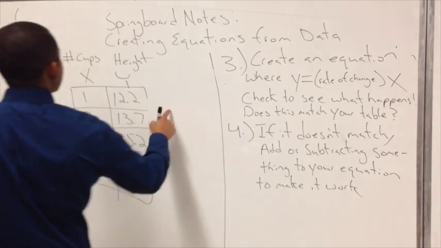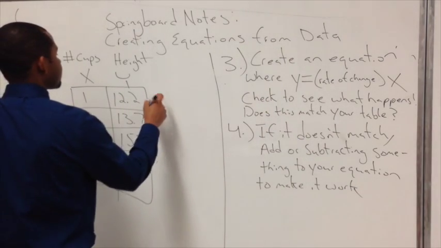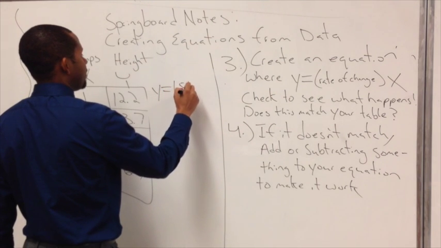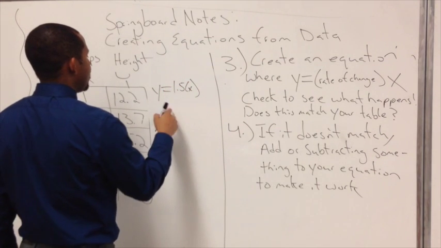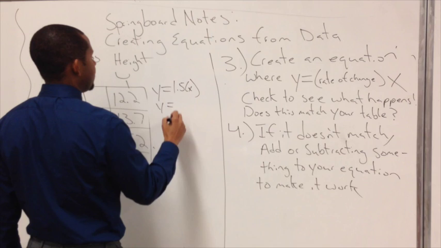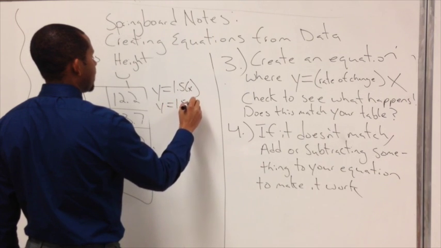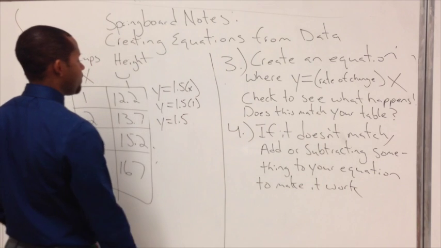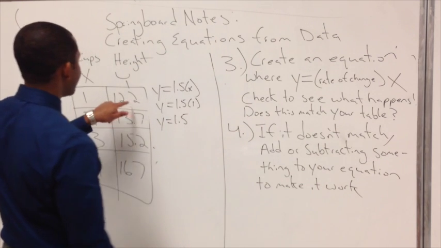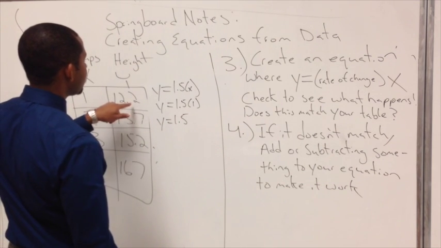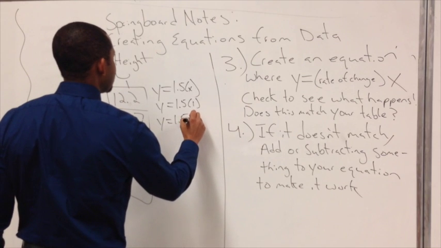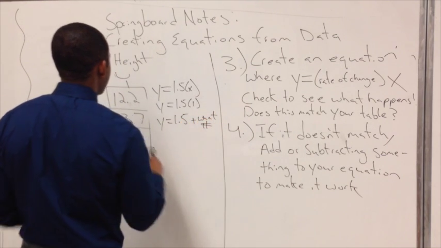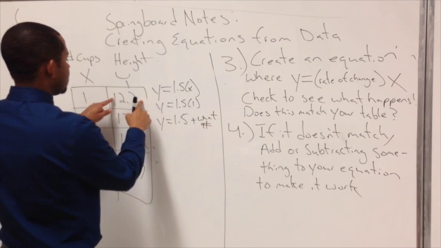Okay? So I'm going to go with this situation here. I had y equals 1.5x. And when I did that, y equals 1.5 times 1, I end up with y equals 1.5. Right? This doesn't work. I need y to actually equal 12.2. So 1.5 plus what number will actually get me 12.2?